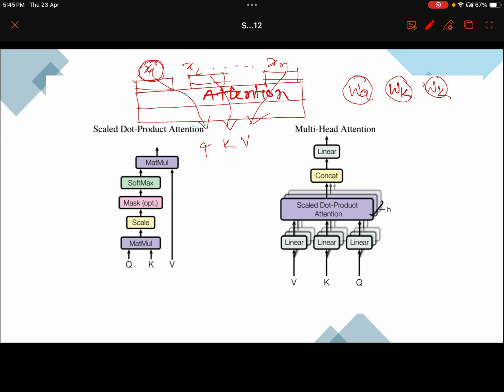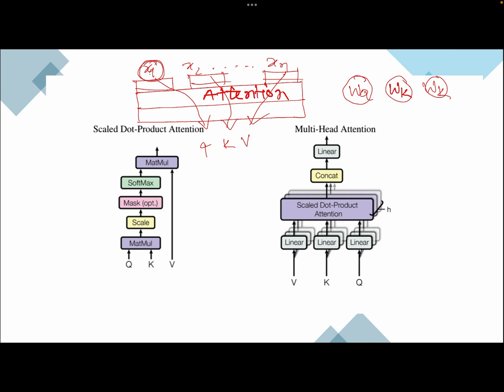Now the attention layer has two main parts. First of all, the attention layer does relevance scoring. What does relevance scoring mean? It means how much relevance this portion of the input has with any other portion, let's say xk. So how much relevance do these two input tokens have?